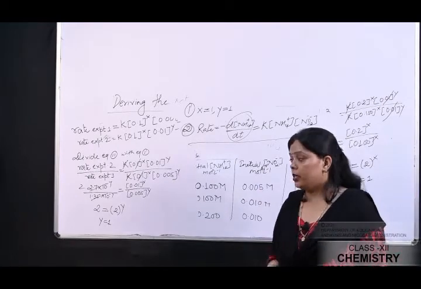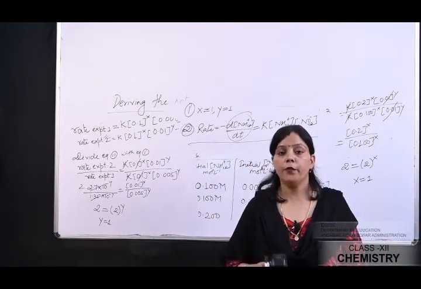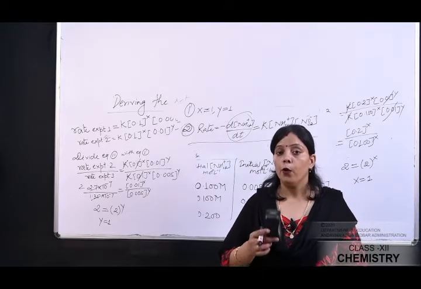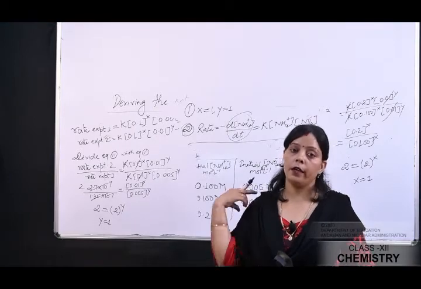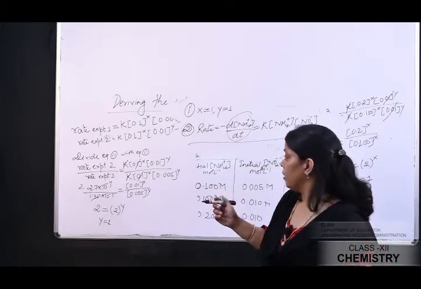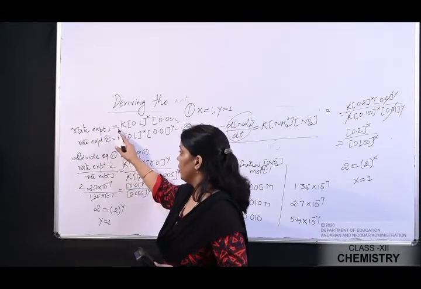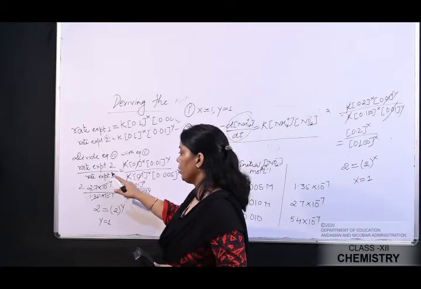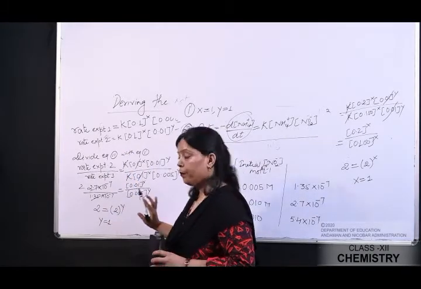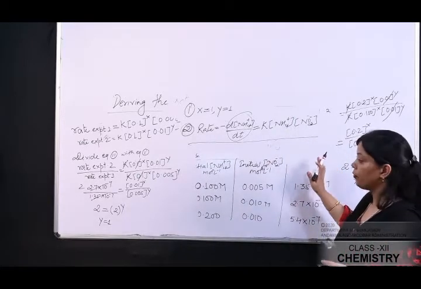The basic strategy to solve this is to first find 2 experiments in which the concentration of one of the reactants is changing whereas the concentration of the other reactant remains the same. After that we are going to solve this. First we select experiment 1 and experiment 2, and divide experiment 2 by experiment 1, then we get the value of y. Similarly, the same process is adopted to calculate the value of x.